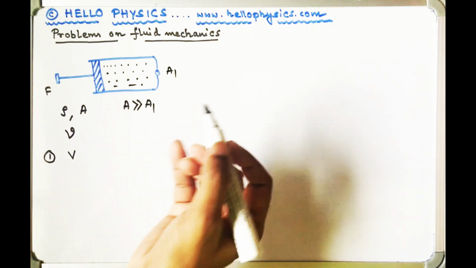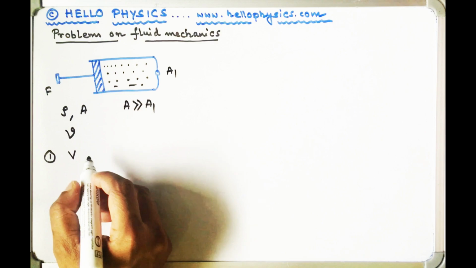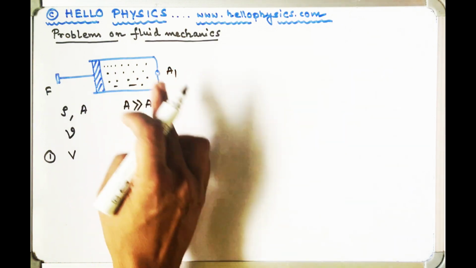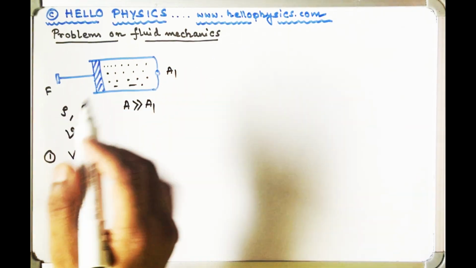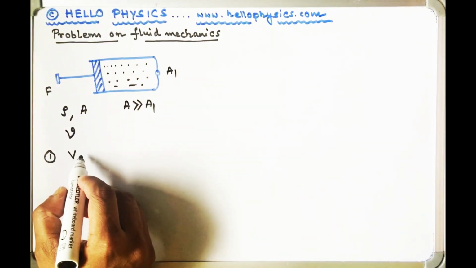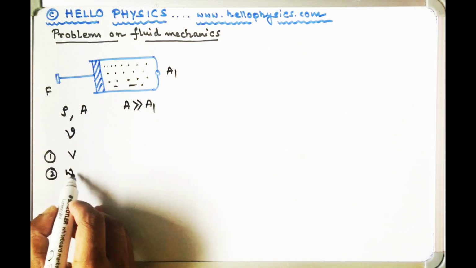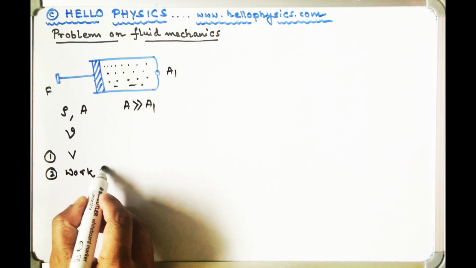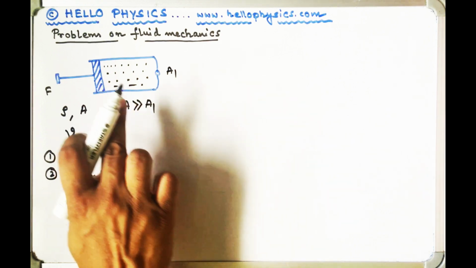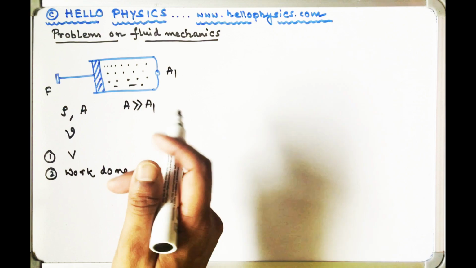You have to evaluate the velocity if you can. So you have to find out what is the velocity with which the fluid would be coming out and how it varies as the piston moves towards the right. So find out velocity. Second, you have to find out the amount of work done in pushing the entire fluid out of this piston.